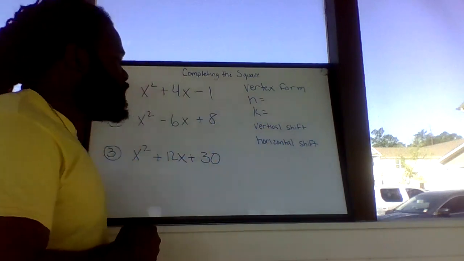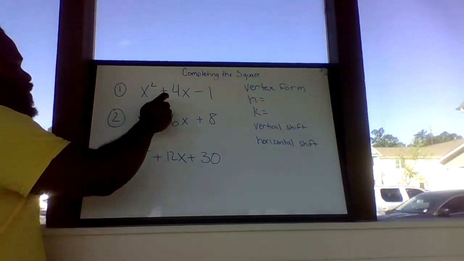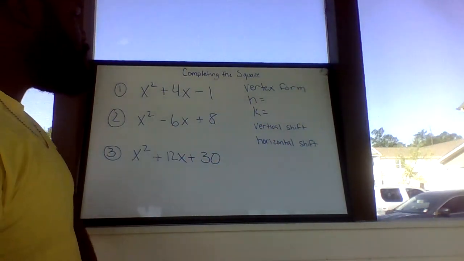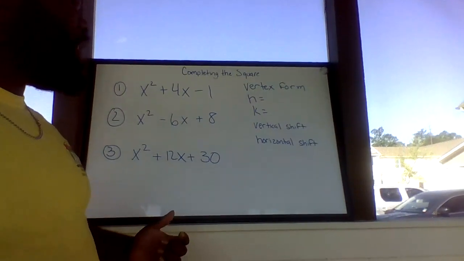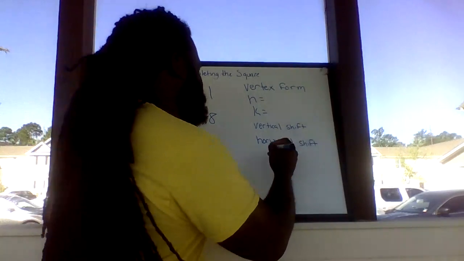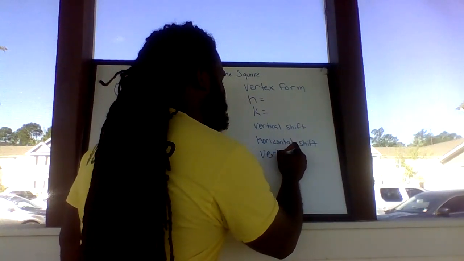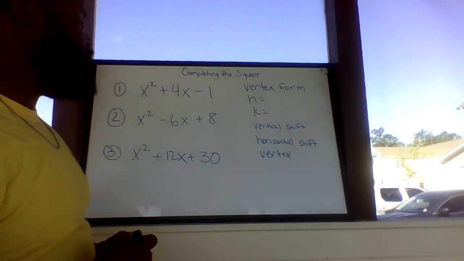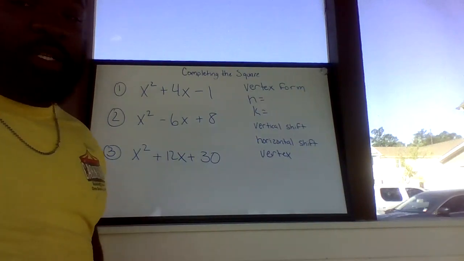And that's all you'll be doing. So take these, rewrite all 3 of these in vertex form. Let me know what your h and your k is, what your vertical shift is, what your horizontal shift is. And obviously I want to know what your vertex is. I want to make sure that you guys are clear on how to find your vertex given vertex form.